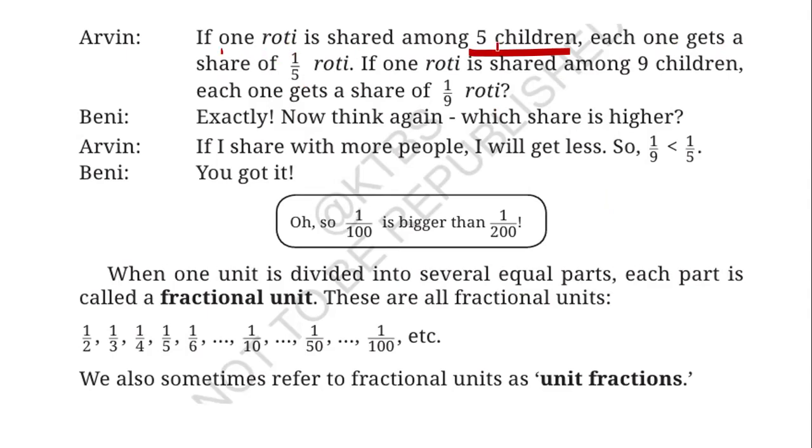If one roti is shared among 9 children, each one gets 1/9 roti. That's why 1/9 is less than 1/5, or else 1/5 is greater than 1/9.